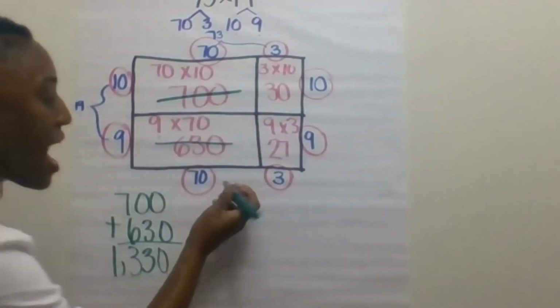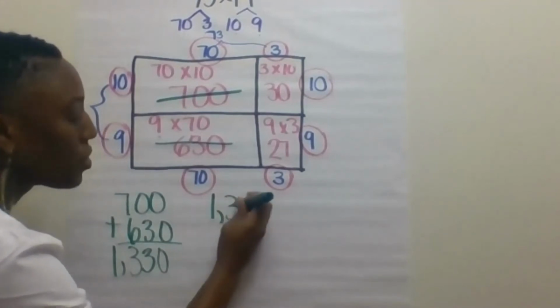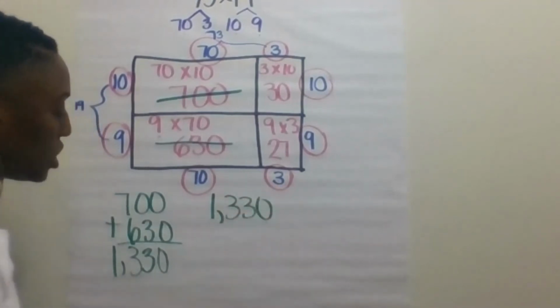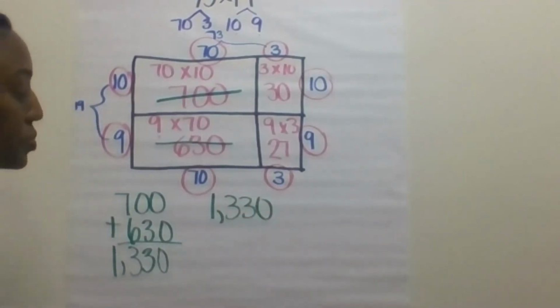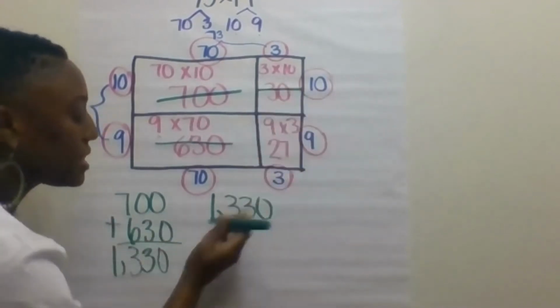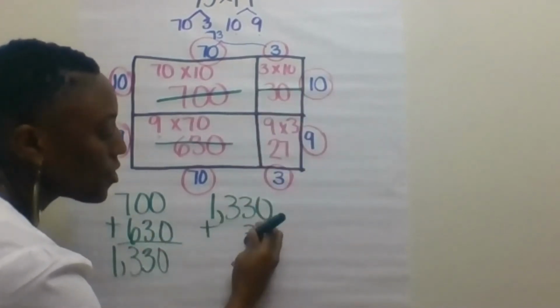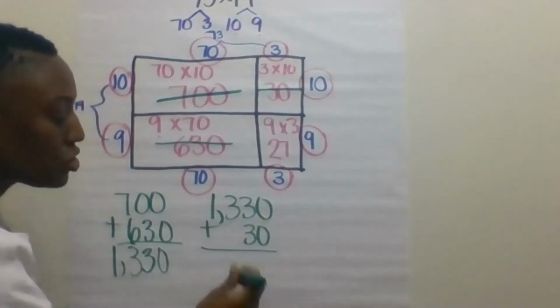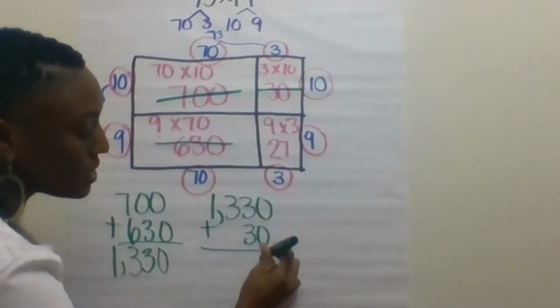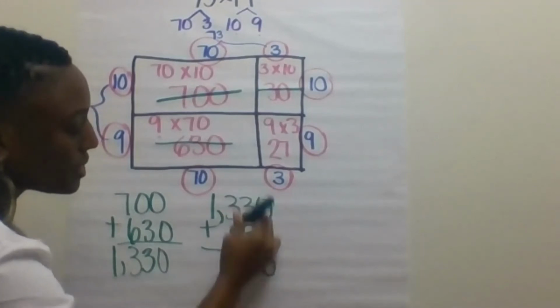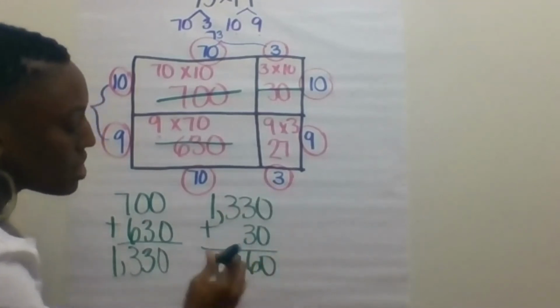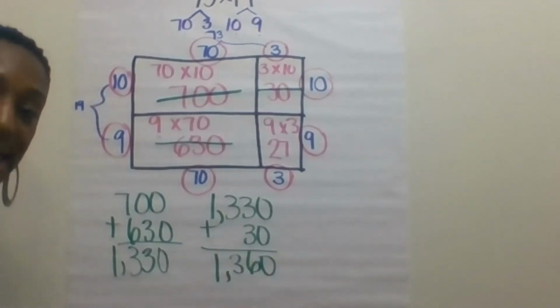Let's go over, add another number. Making sure I copy it correctly. And I'm going to add 30 this time, so plus 30. That equals, starting at the ones place, 0, 6, 3, 1,360.